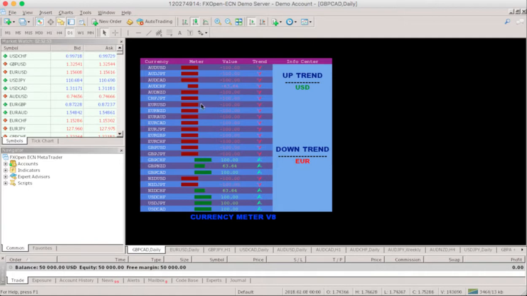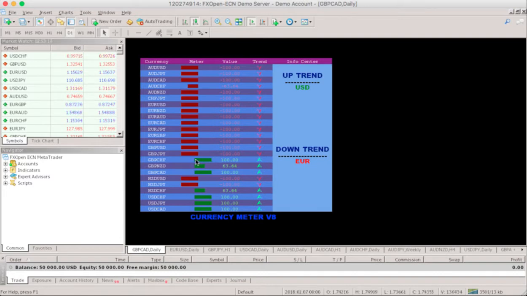Down. Now, when you read the meter, there is something I want you to think about. The color that you see is talking about the first currency in the pair. AUD USD, red means AUD. That means AUD is in a downtrend right now. Okay?